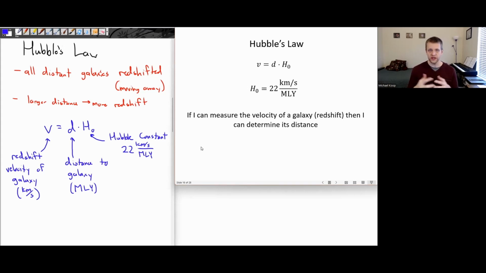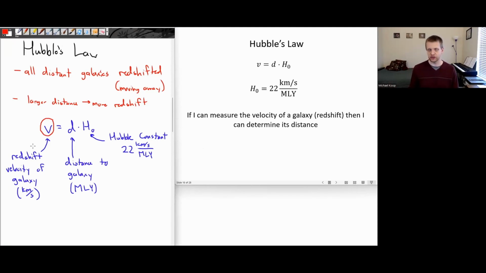So what can we do with this Hubble's law equation? Well, the way that this is normally used is if I can measure the redshift velocity of a galaxy. If we have the spectrum, then we've already seen multiple examples in this session of how we can actually measure the velocity of that galaxy.